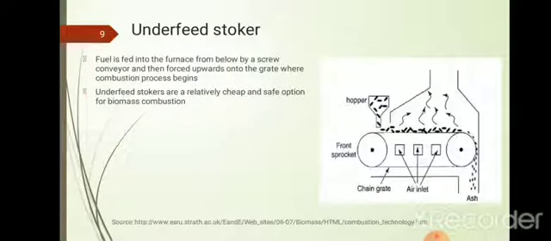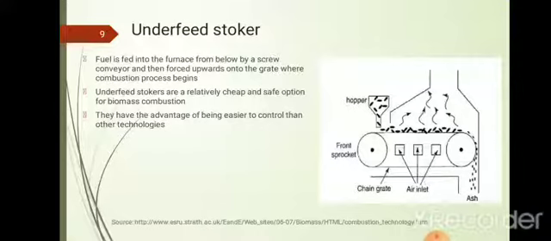Finally, when they are reaching towards the right side, this will be converted into ash, which goes down to the ashtray. So this is the simplest and relatively cheap form of biomass combustion, a fixed bed combustion with underfeed stokers.